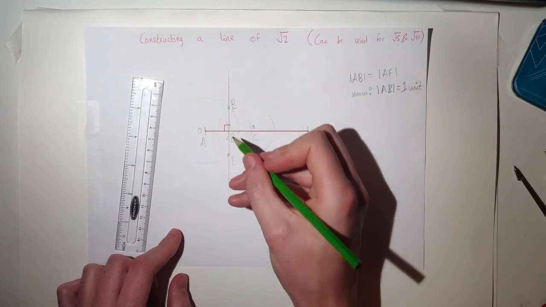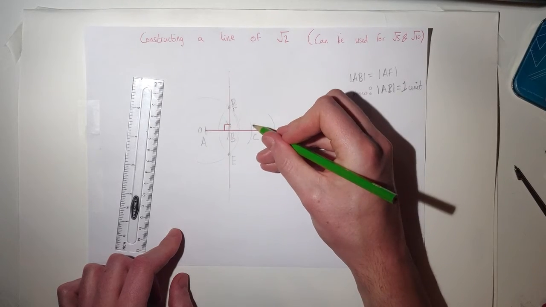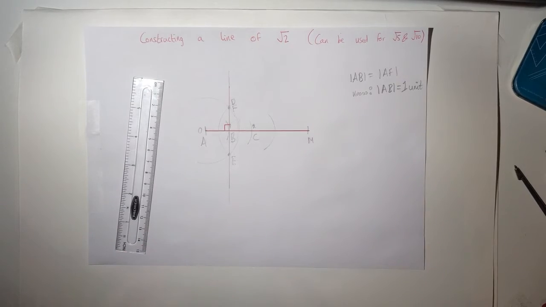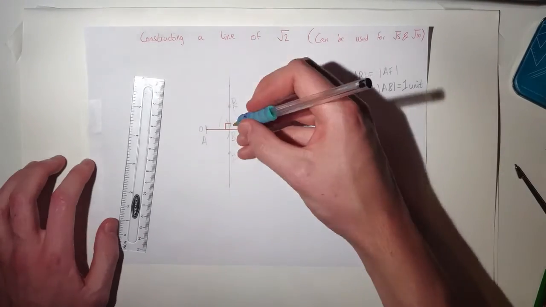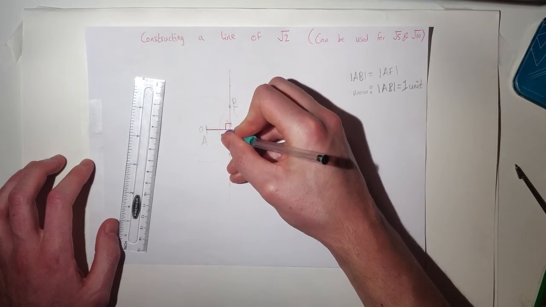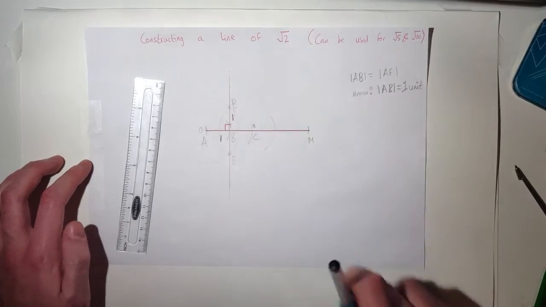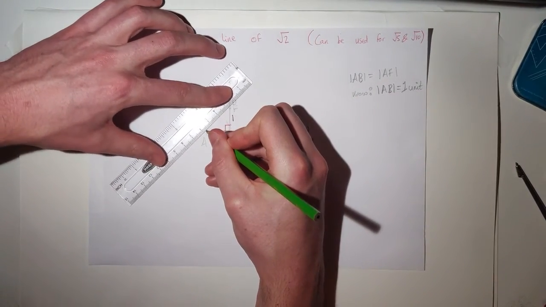When we used our compass we drew this line here, so that was 1 unit like I said, and our C was basically our 2 units because we moved the compass once and twice. So now what we're saying is we have a length between A to B of 1 and a length from B to F of 1. So now what we can do is draw our line AF.